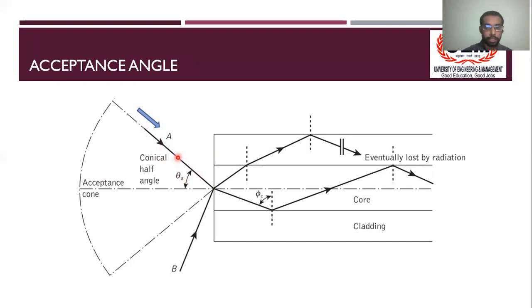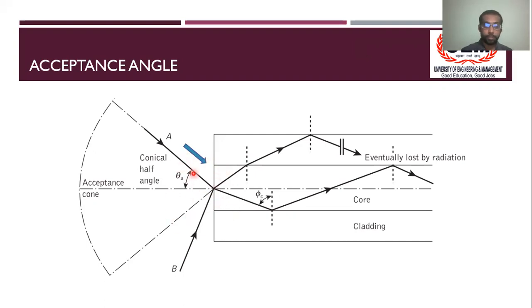But let us first consider this light ray which is within this acceptance cone, and follow how this light behaves when it falls inside the acceptance cone at the edge of the fiber optic core. This is how the light is incident. Since this is the edge of the air and the core medium, there is a difference in the refractive index of the air medium and the refractive index of the core medium.